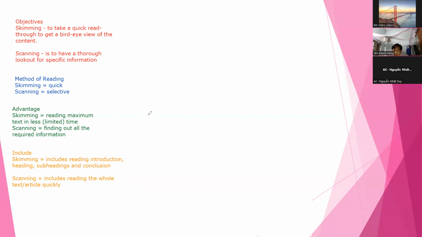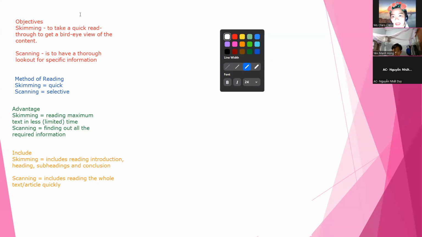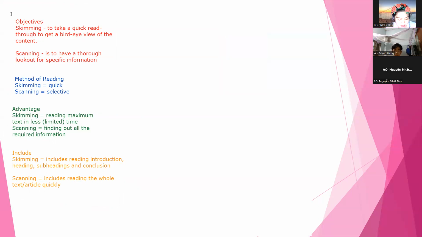All right? So these are the differences. Okay? Let's talk about in here. So I'll be highlighting the differences. Of course, if there are differences, meaning the opposite between the two, they also have similarities. What do we mean by similarities?